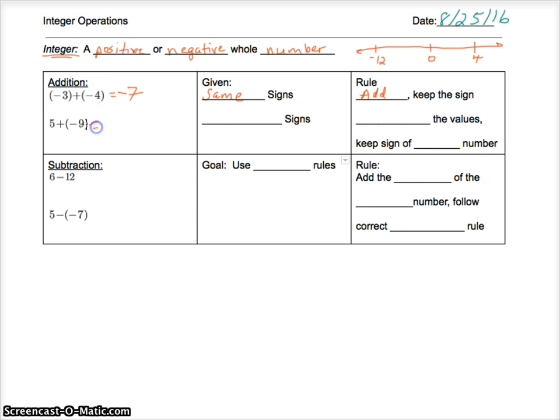For the next problem, it says I have 5 plus negative 9. Well, when I have different signs, I need to subtract the values and keep the sign of the larger number.